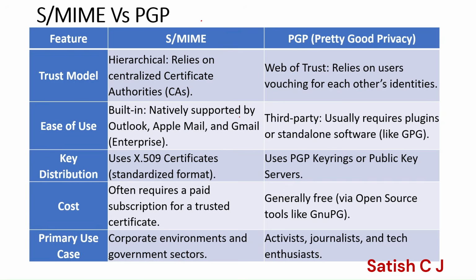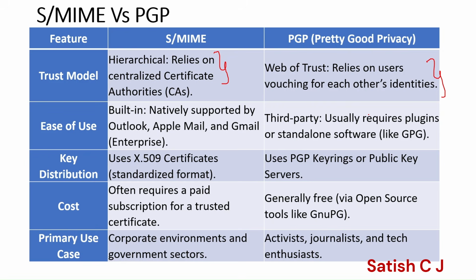So this is the quick comparison of SMIME with PGP. When you talk about the trust model, SMIME uses X.509 certificates issued by certificate authorities. Here, with pretty good privacy, the generation of keys and maintenance and verification of keys relies on the users. When you talk about ease of use, SMIME is natively supported by all your enterprise email systems like Outlook, Apple Mail, and Gmail.